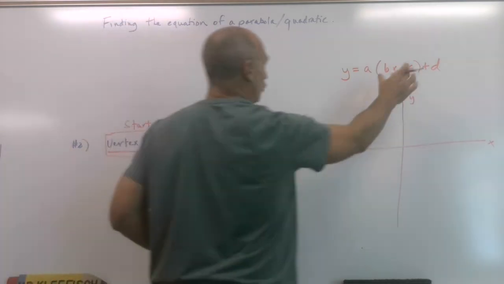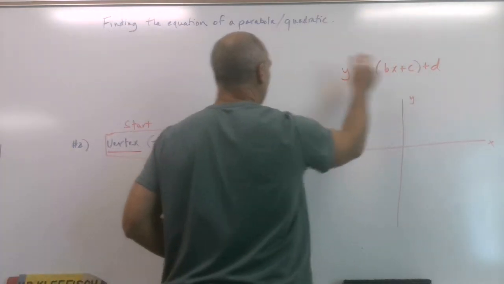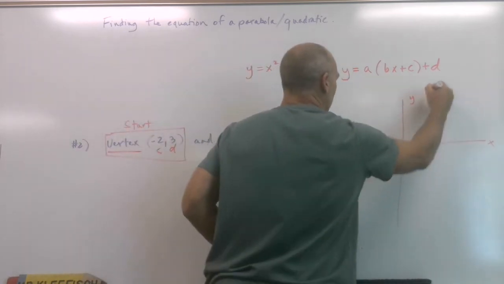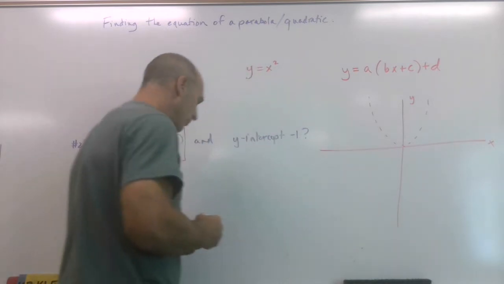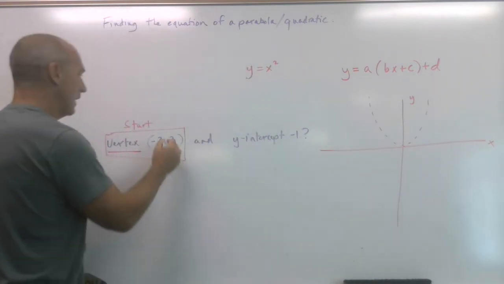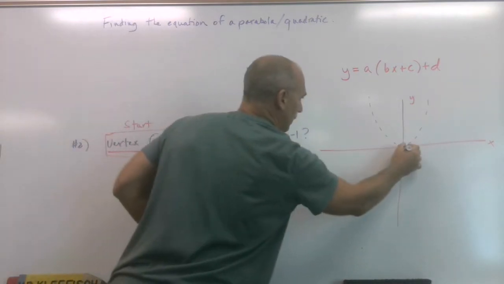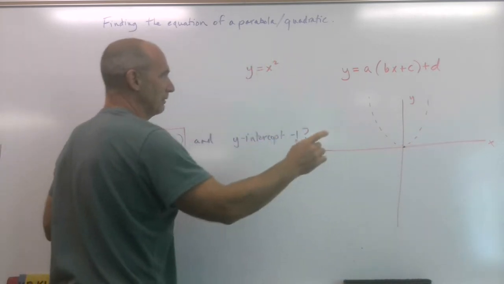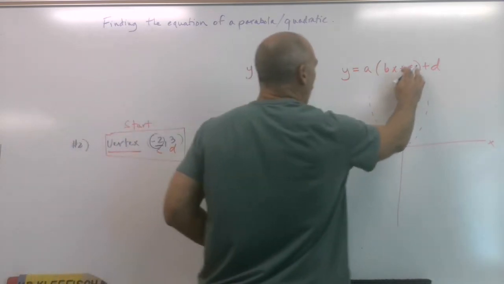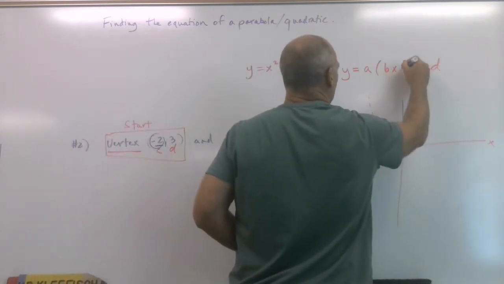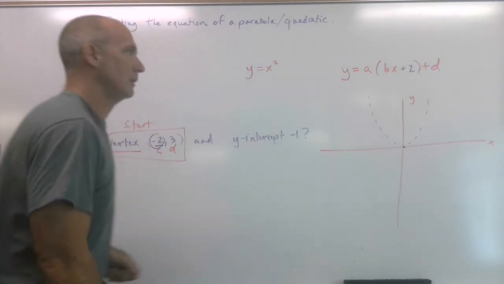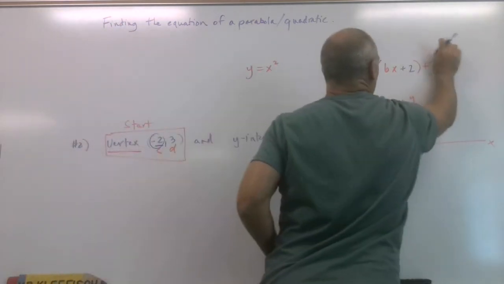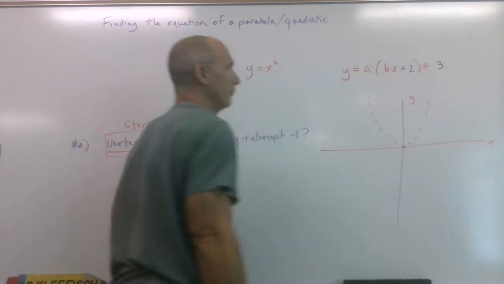So when I take this generic equation and I say, okay, if y equals x squared looks like this, and they're telling me your vertex, which is right here, is moved left 2, we can make that adjustment. We know that's going to be plus 2. And it also shifts up 3, so we know that's going to be plus 3.